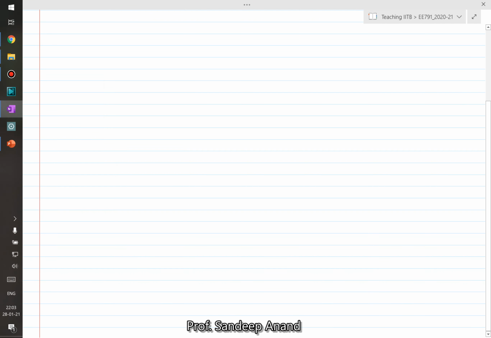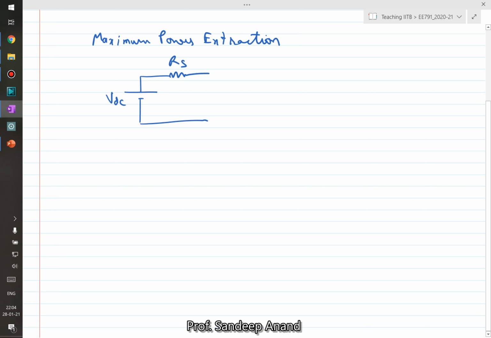So before we jump to that, let us start with the very basic concept of maximum power extraction. In a linear DC circuit which has a DC voltage, a source resistance, and this combination is feeding a load resistance, right?